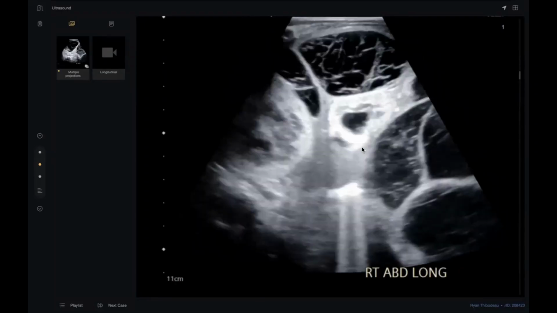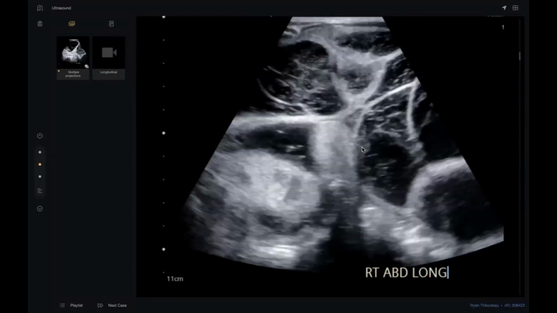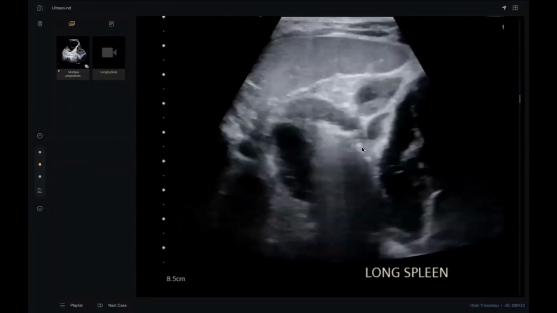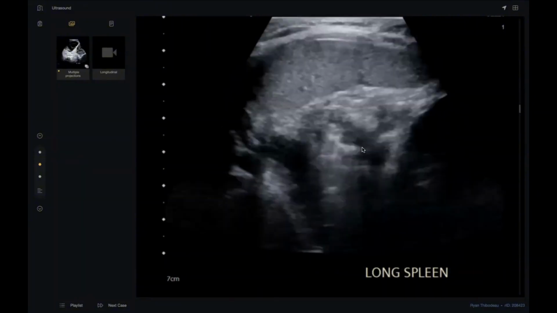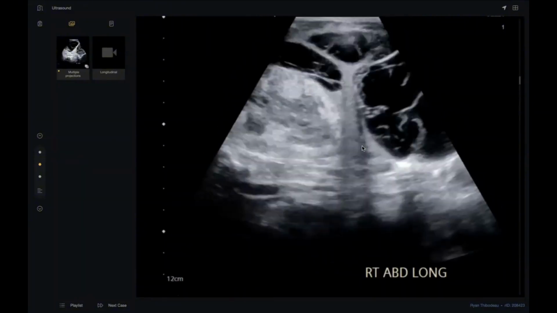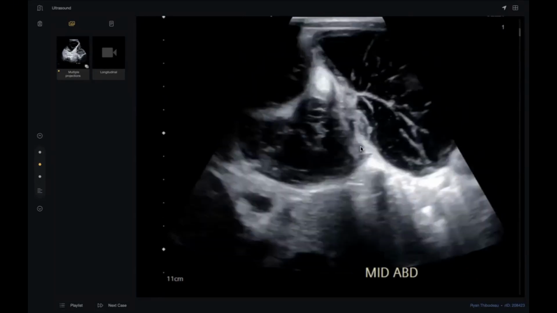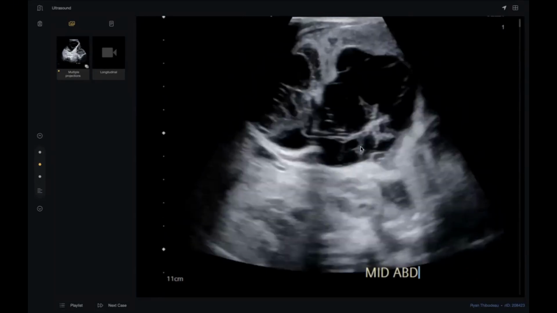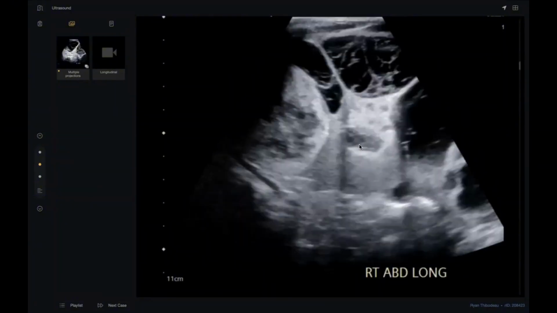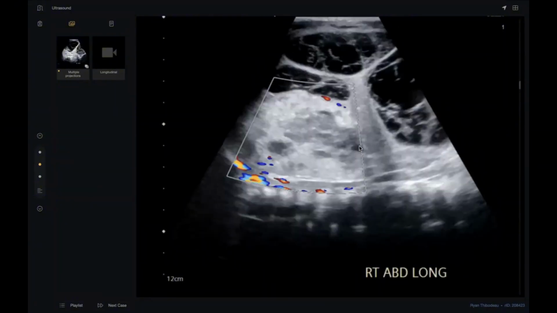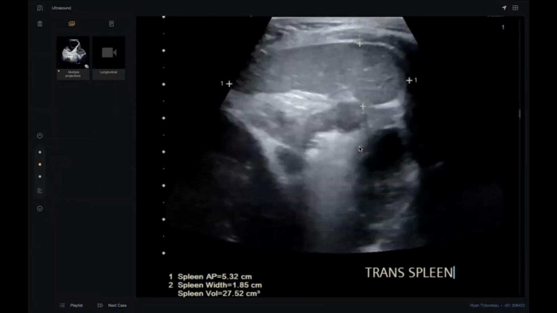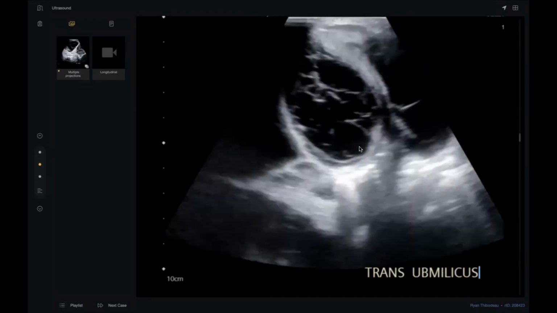So first I need to see the right kidney because I need to differentiate it from the liver and the kidney, right abdomen. Sir, I could not see the outlining of the right kidney.